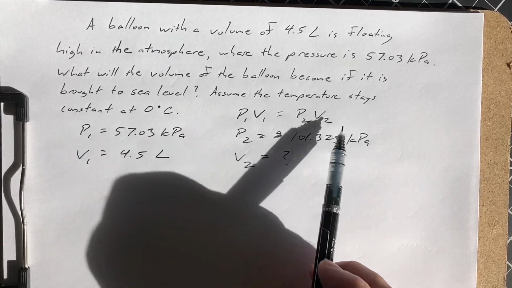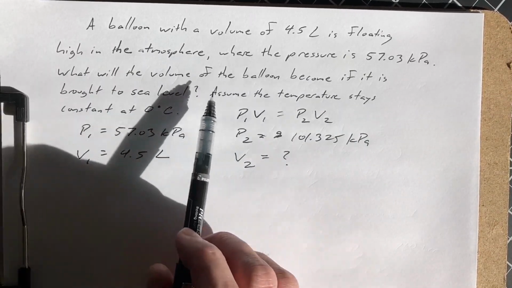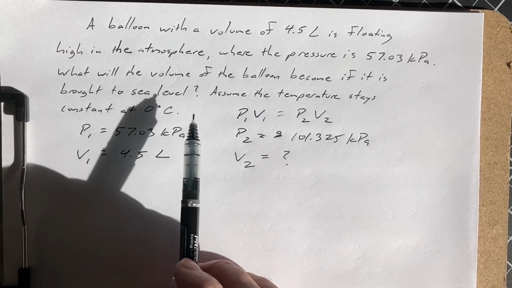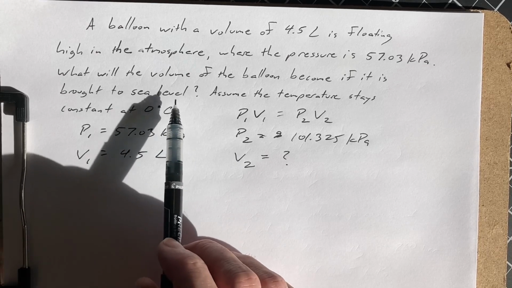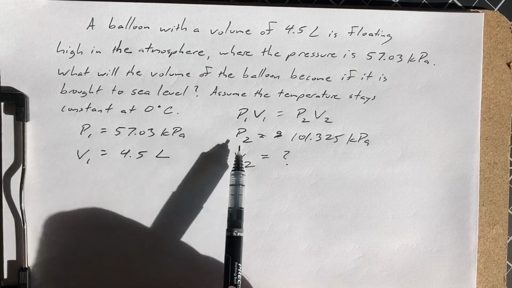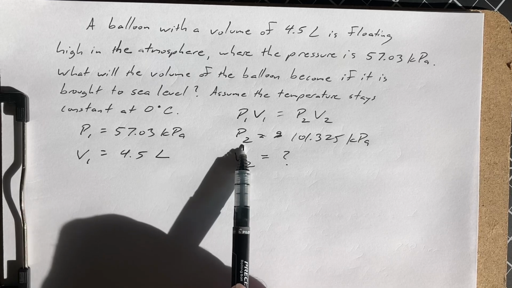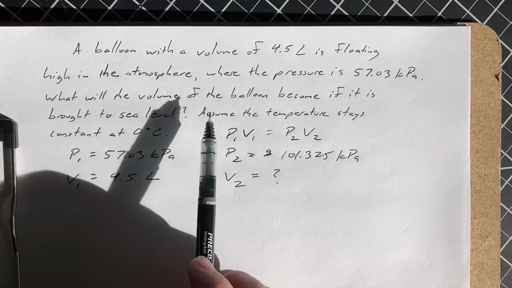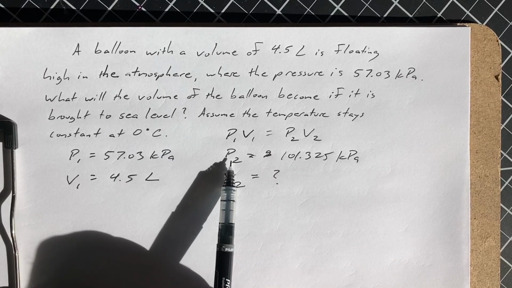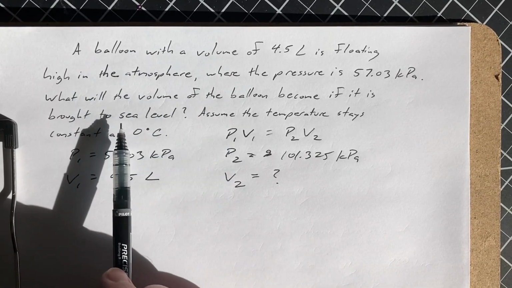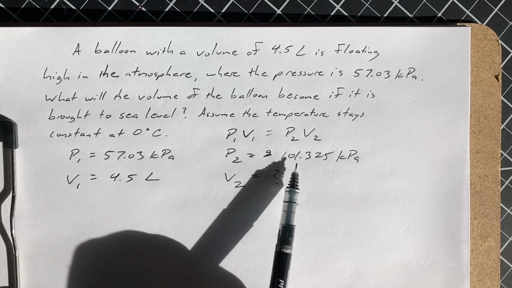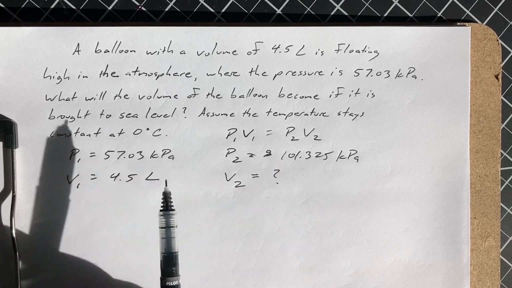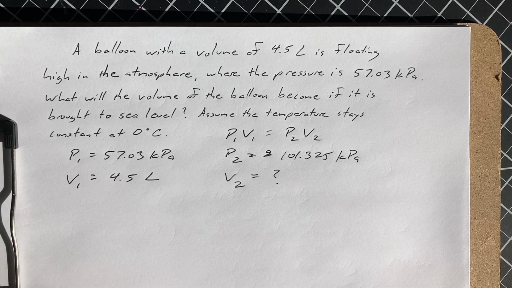If the question asked you, like, what will the volume of it become if it is brought down to a level where the atmospheric pressure is 75 kilopascals? That would be your P2. That's 75, because that's what it's telling you the pressure is that you're bringing that balloon to. But it tells us we bring it to sea level, and because of that previous sheet of paper, we know how many kilopascals of pressure are present at sea level.